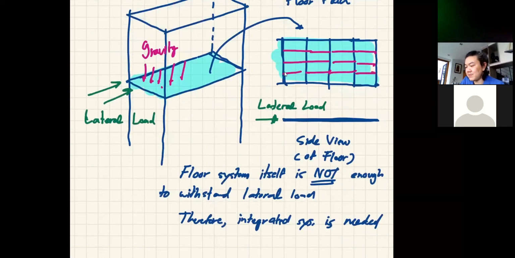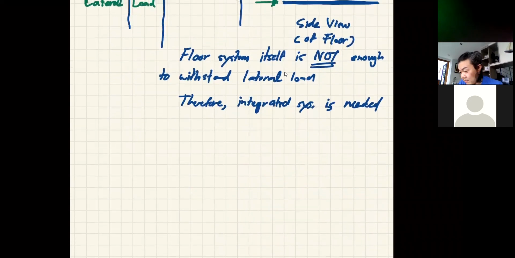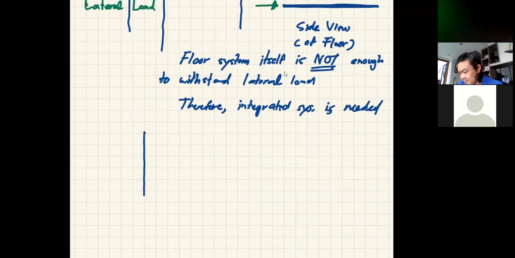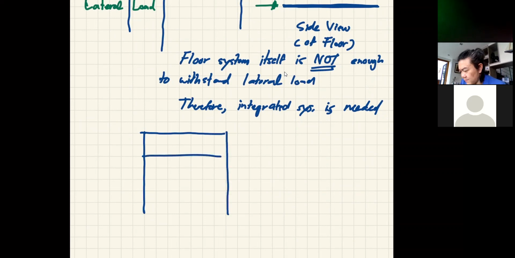Okay, so let's say from this picture, if I can put the floors together and let them work together with the columns, we're going to have what we call the framing system, correct?